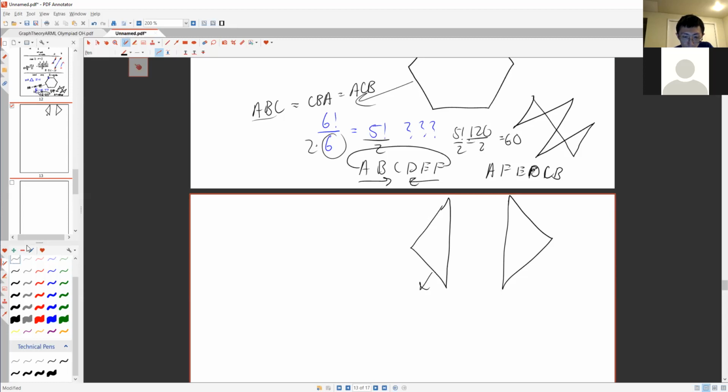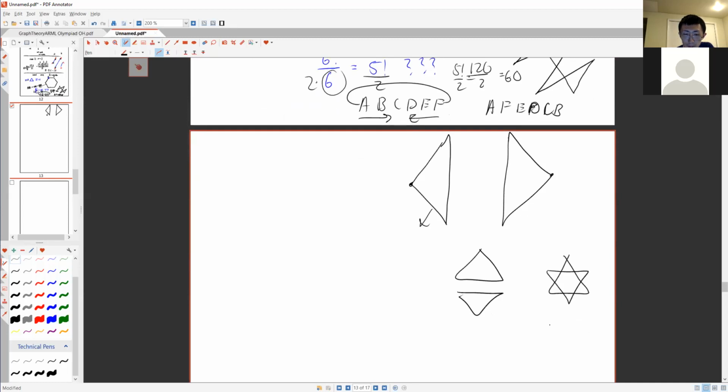Pick the 4 factorial. Nope. Then, there's nothing special about the orientation. I could have drawn the triangle like this. I could have drawn the triangle like this. So okay, here's one way. Here's a question: is it 6 choose 3? Is that the number of ways to pick 2 triangles? I mean, well, I guess you could times 3 choose 3 for the second 3 points, but that doesn't matter. Or is that wrong?